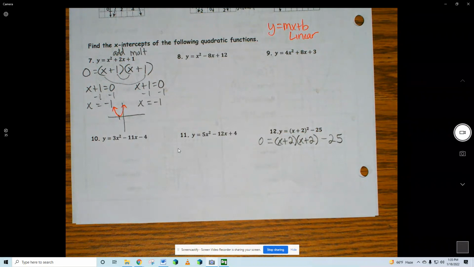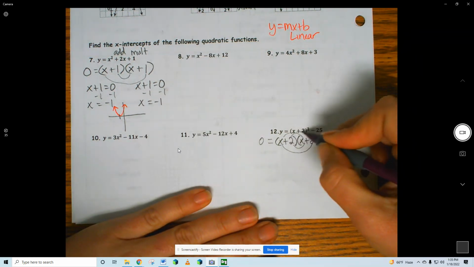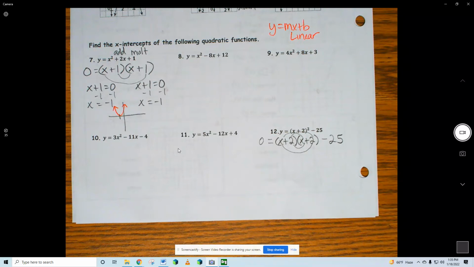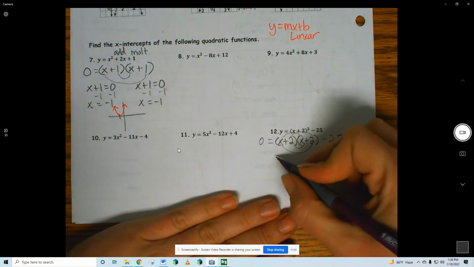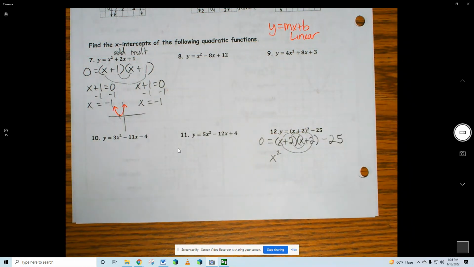You have to FOIL that x plus 2, x plus 2. You can't have parentheses in a standard form. So write it twice, FOIL it. First, outside, inside, last. Remember that? So, first, x times x, x squared.